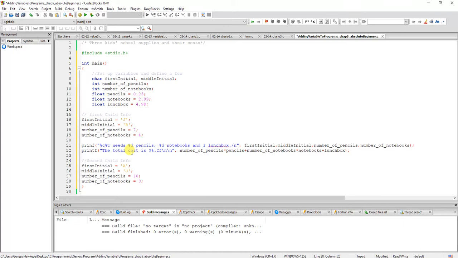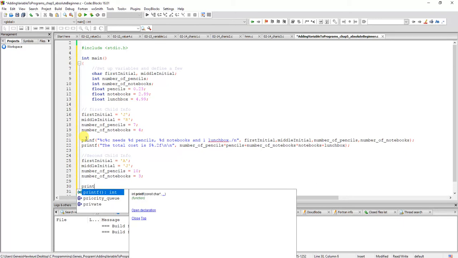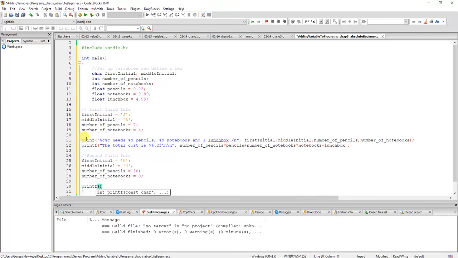Now we're going to do the same thing here. When it prints out, we want to have AJ's name, and we're going to state the number of integers of pencils and number of integers of notebooks.